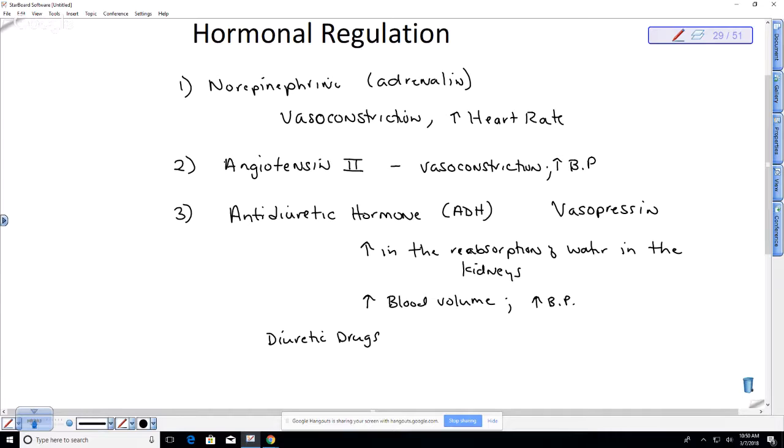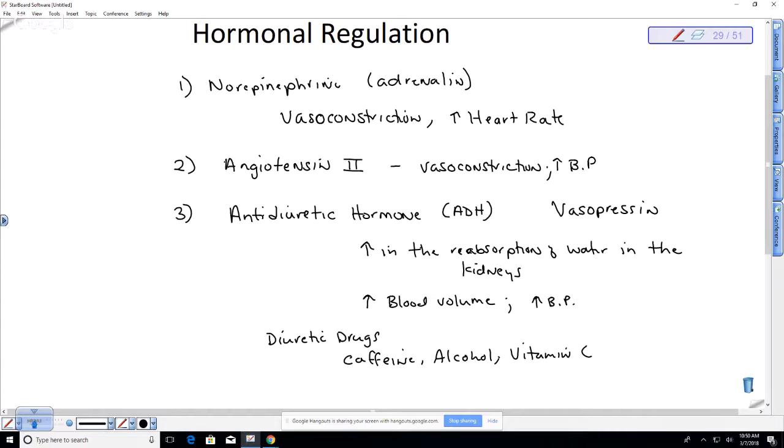Asparagus, well, it makes your pee stinky. Okay, caffeine, alcohol, right? Vitamin C. So if you take a lot of vitamin C, in order to get rid of it, it has to be diluted in the urine, right? So you actually produce more urine.